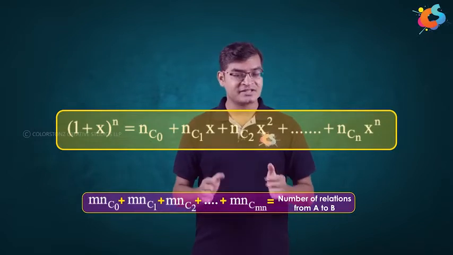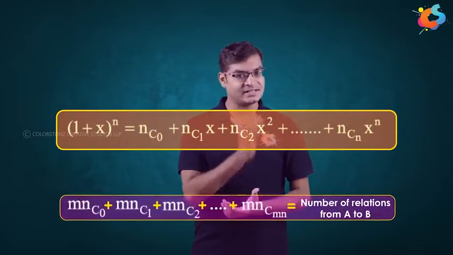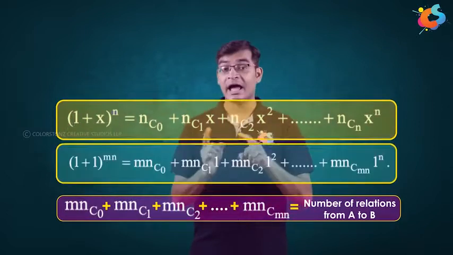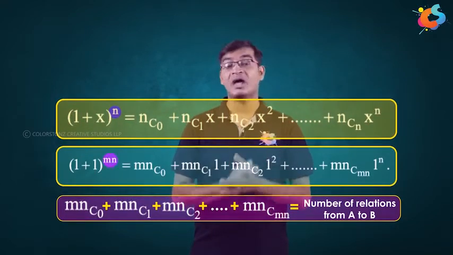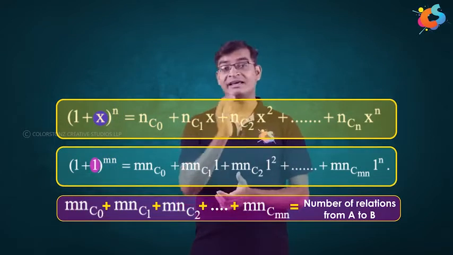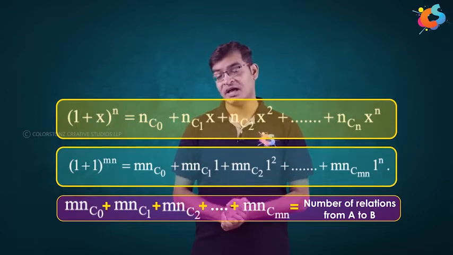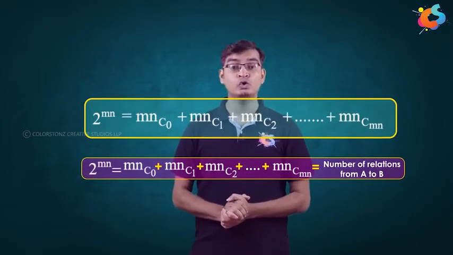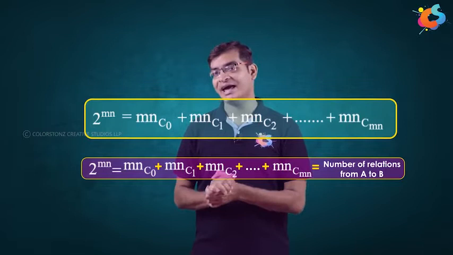The only difference between this sum and this sum is that n should be replaced with mn and x should be replaced with 1. By doing which, here we have the required sum and here we have 2 power m into n.